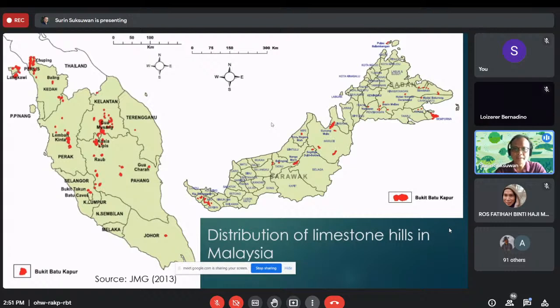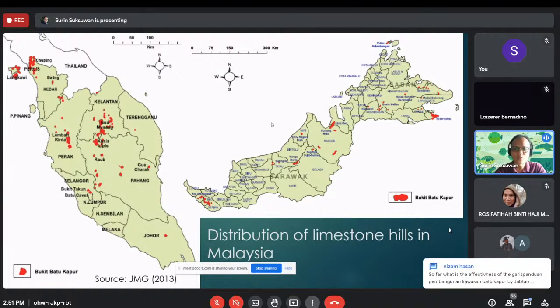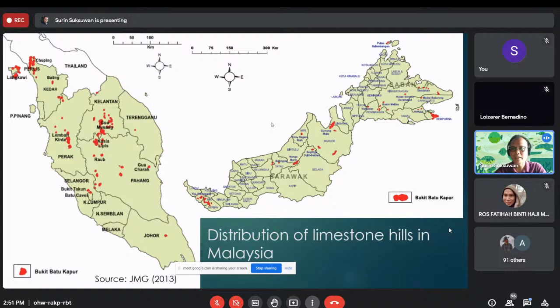And then the most southern part of the limestone distribution in Peninsular Malaysia is around Selangor, around the Batu Cave area. And then there are one or two very small outcrops in Johor and also in Negeri Sembilan, but they're really small, and most people don't talk about them much.